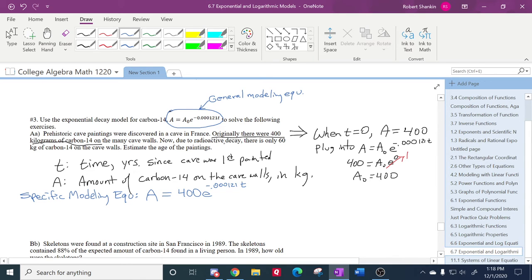It says, now due to radioactive decay, there's only 60 kilograms of carbon-14 on the cave walls. Estimate the age of the painting. Where does this 60 go? Since it's kilograms of carbon-14, it's not t, it's A. 60 is the A, so we just plug it in here.